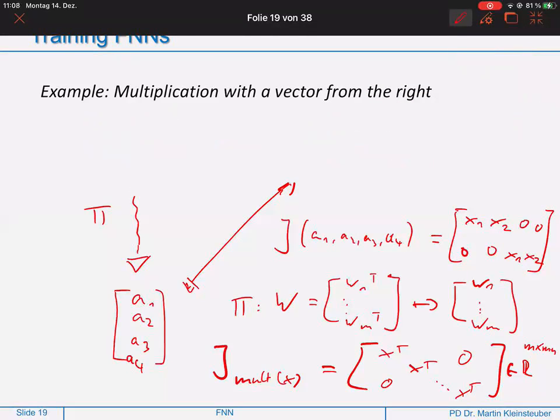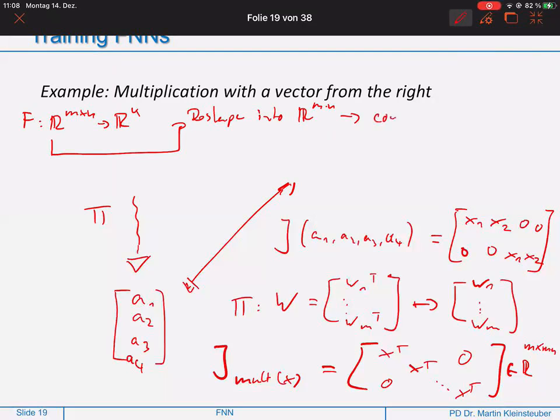If we have a function f generally from some R^(m by n) to some R^k, we have to reshape into some R^(m by n), then compute the gradient or compute the Jacobian.